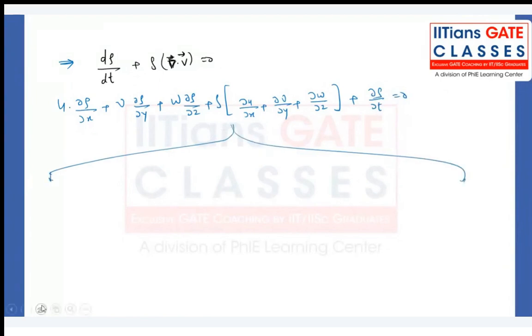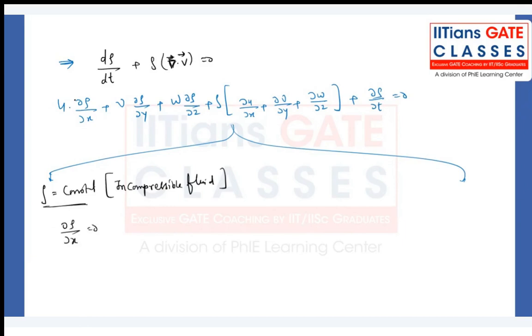Now, understand, when density is constant, which case? Incompressible fluid, for example. In this case, my dear friend, density being constant means what? Whether you understood this equation or not, the full-fledged 3D continuity equation.